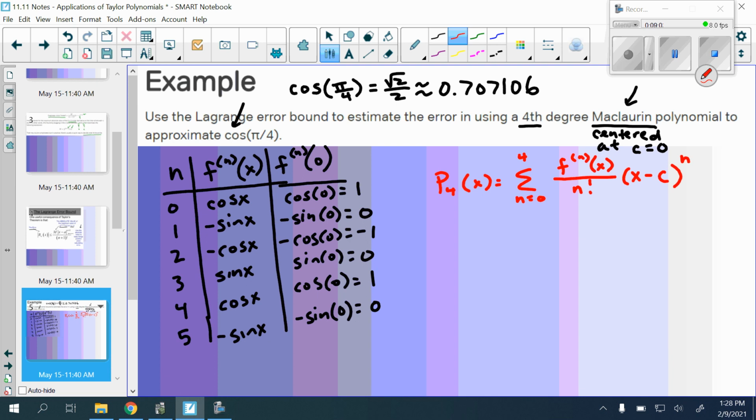And actually, I probably should have the same thing here. So we're finding it at that same value. And here it's 0 because we're doing a Maclaurin one.